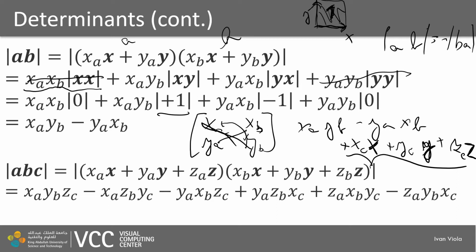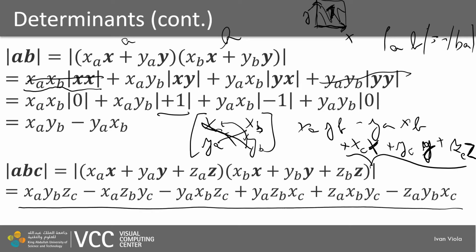And it turns out, if we follow the same logic as in the two-dimensional case, the multiplication of the various vectors will form us the determinant of the three-dimensional case. Okay.